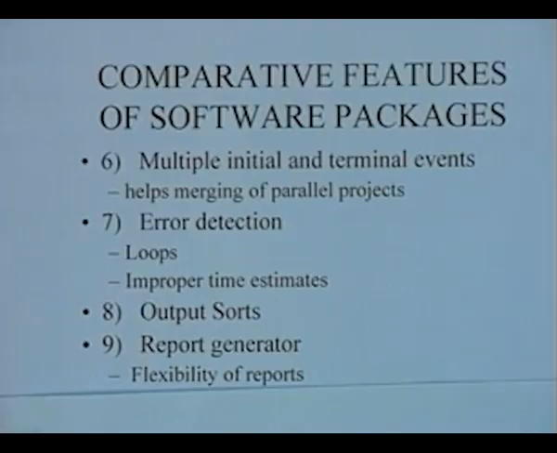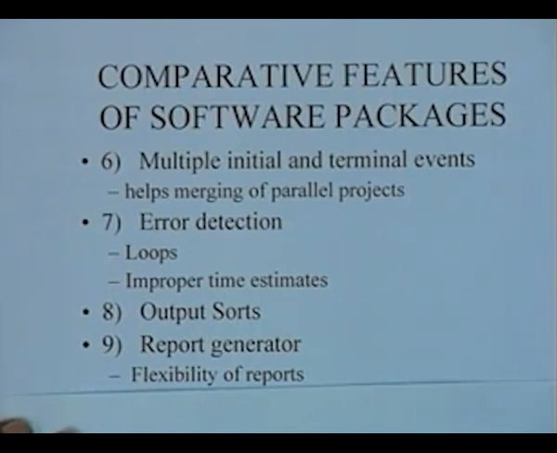And this kind of report generator typically has flexibility of reports, because depending upon whether you want an activity listing by responsibility code or activity listing by whatever other code you want, you can get this by requesting it. But it would mostly be a menu driven thing.